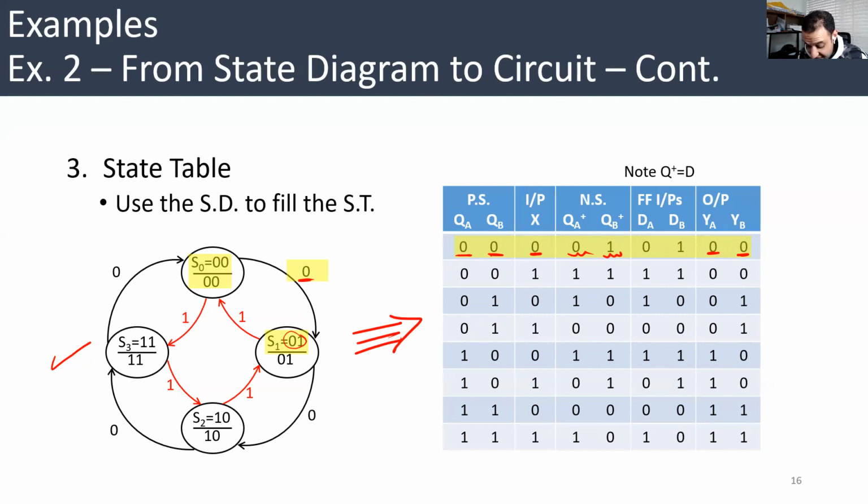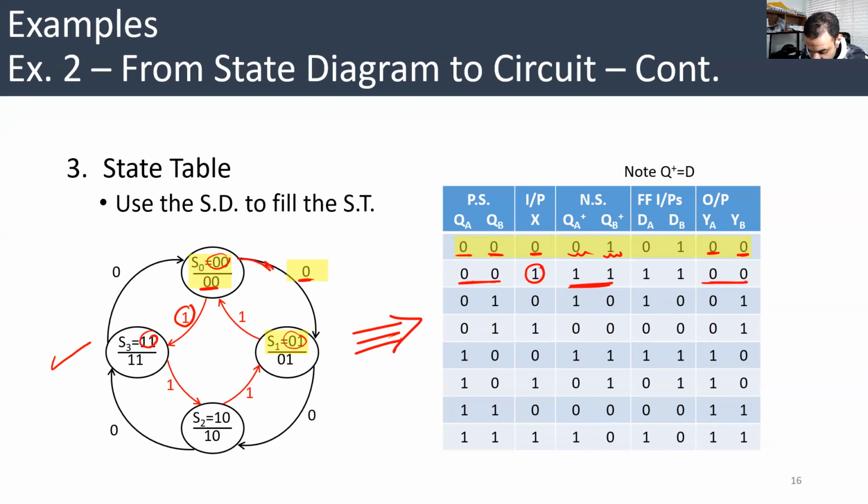For the same state 0 0, when the input is 1, the outputs YA and YB will be zeros again. It doesn't change because it doesn't depend on the input, since it's a Moore circuit. But when the input is 1, this time we're going to go to 1 1.